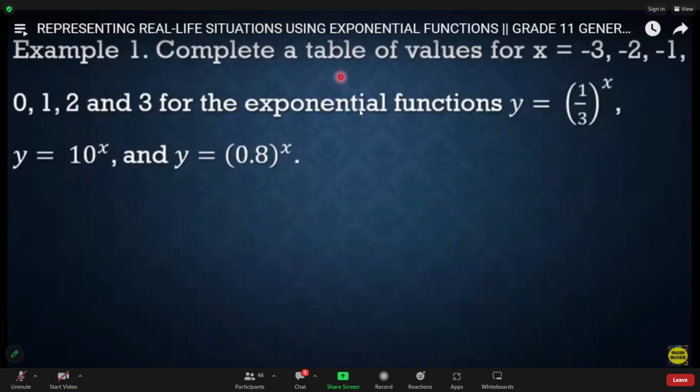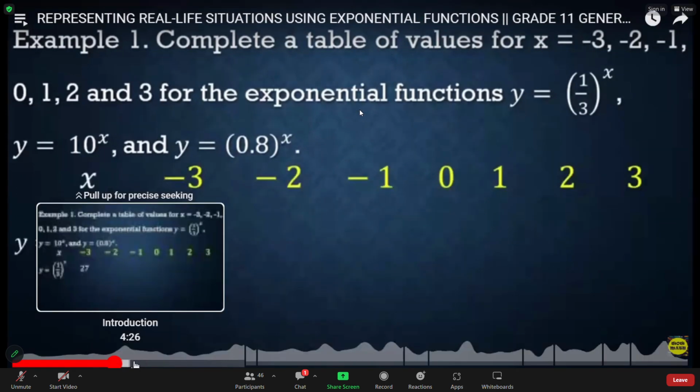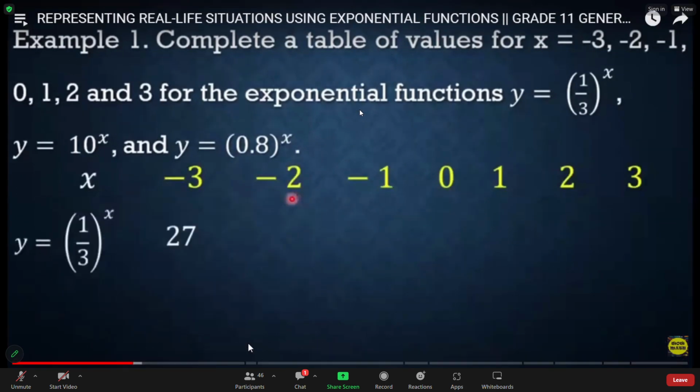So, that's it. No need to watch the video more and more, because you can see it's just how we solve an exponential function. The only thing we do is find the dependent variable by substituting in the exponent.